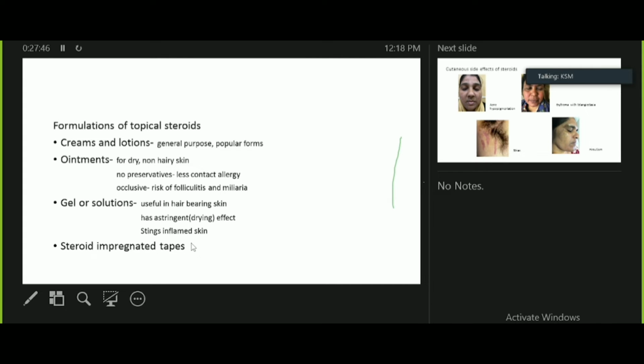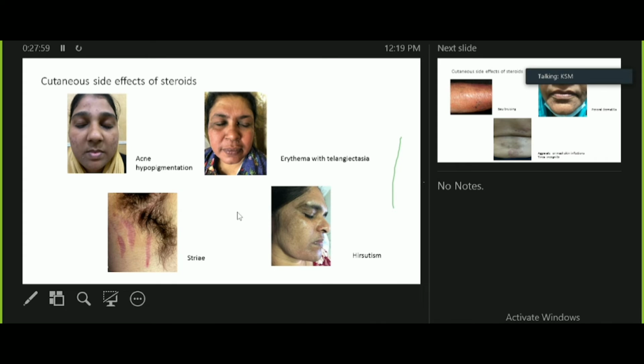Why should we use steroids this cautiously? They have side effects, systemic side effects when absorbed systemically, as well as cutaneous side effects. So these are some of the cutaneous side effects that we come across. The first one, the lady has applied a fairness cream which contains steroids, and she has got acne as well as hypopigmentation on her face.